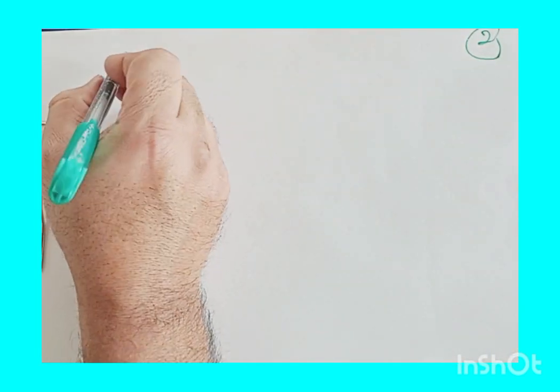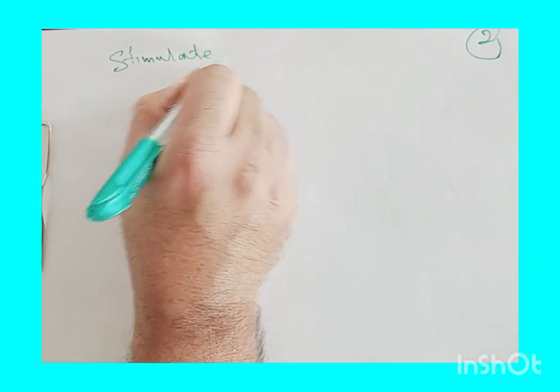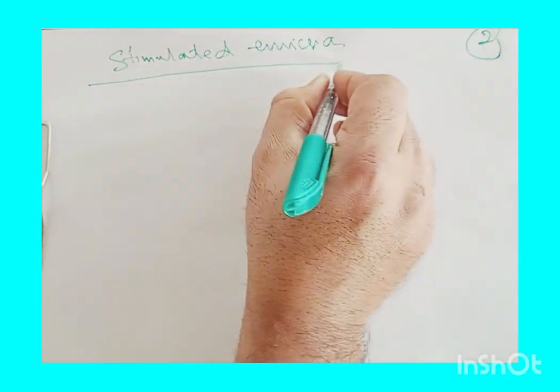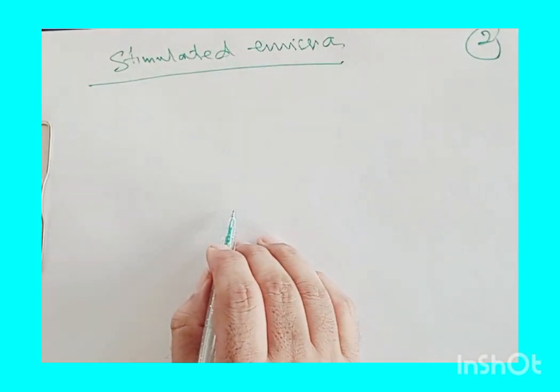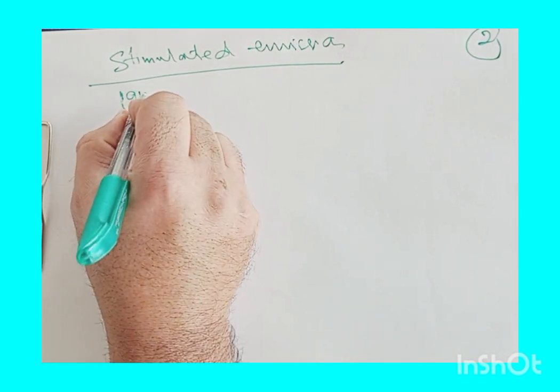Now, going to another dimension here is stimulated emission. This emission was proposed by Einstein in 1917.